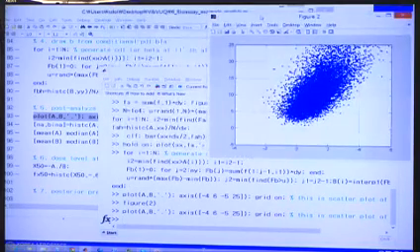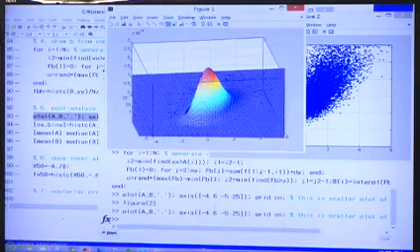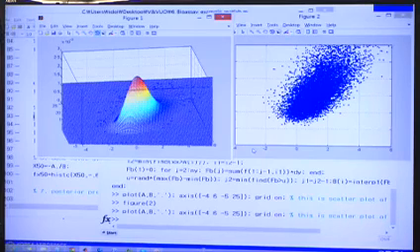So this is 10,000 samples drawn in the form of a scatter plot, and you compare. This is the three-dimensional shape of that posterior distribution, and the right figure is the 10,000 samples that are satisfying that distribution.